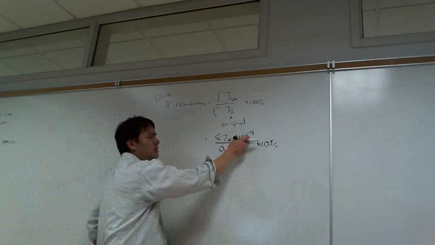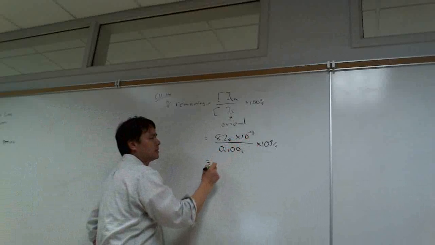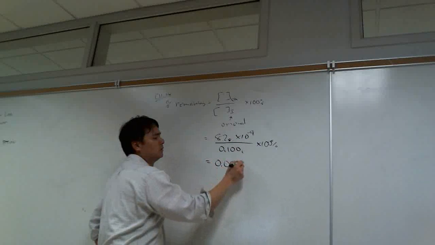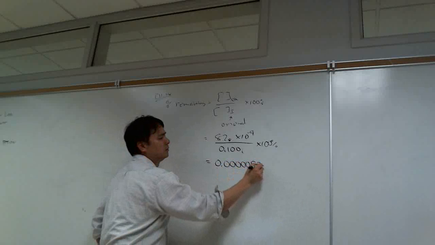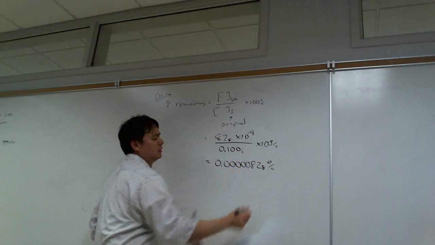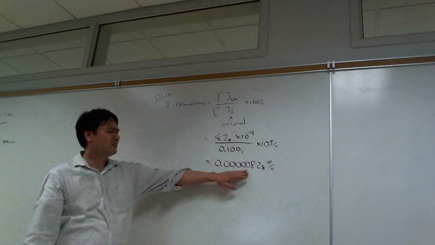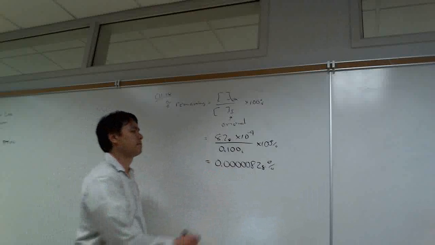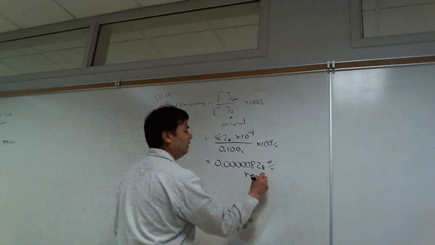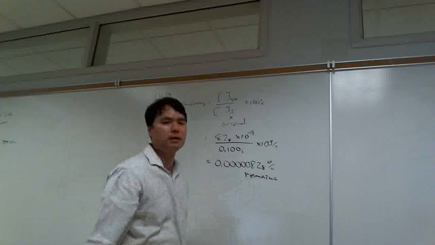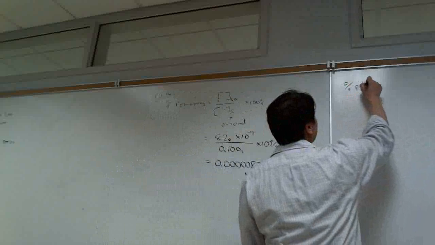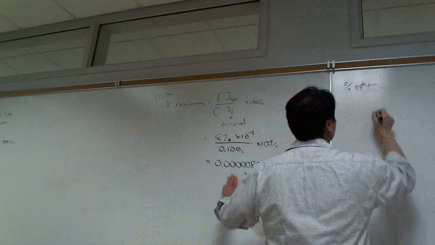10 to the positive 1, 10 to the minus 8, 10 to the minus 6. So 0.00, 0.50828% remains in solution. And so the amount that precipitates, the percent precipitation, is just 100 minus that.